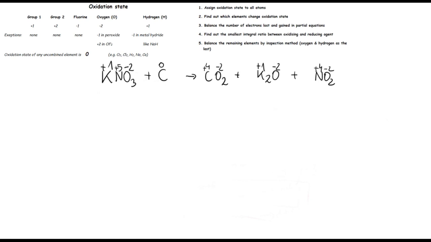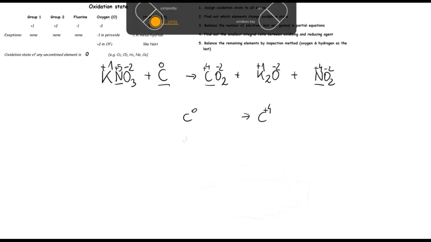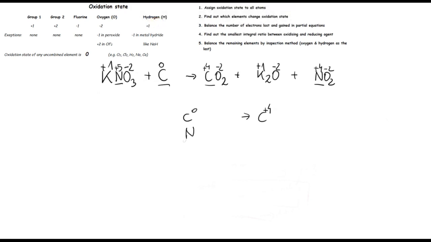Find out which elements change oxidation state. So nitrogen and carbon. Carbon goes from 0 to the +4 oxidation state, and nitrogen from +5 goes to +4.